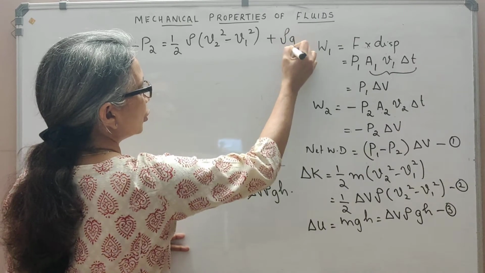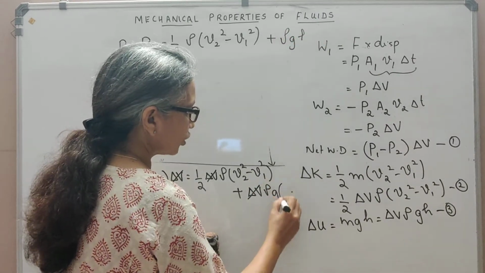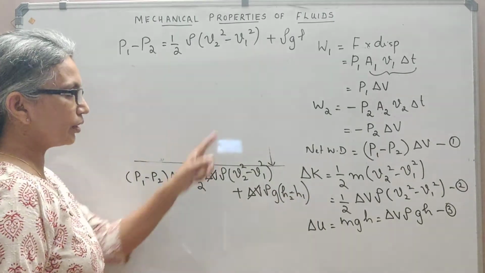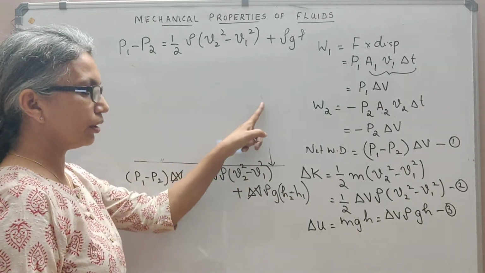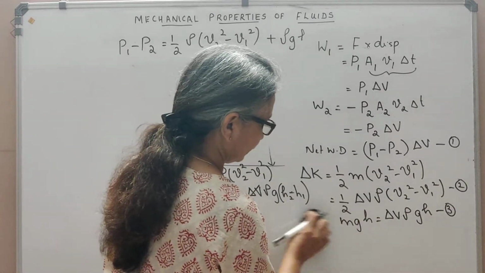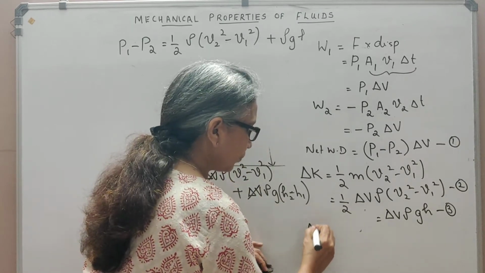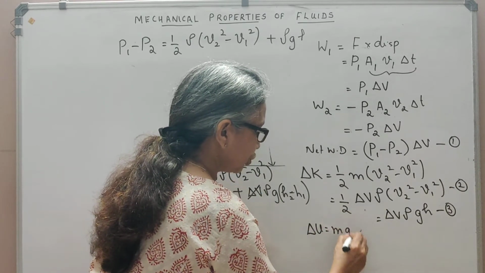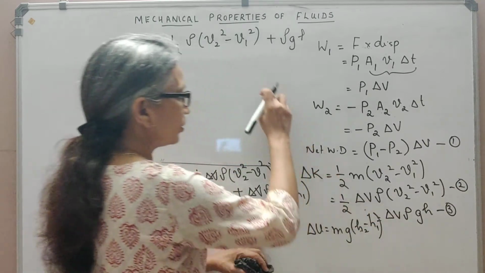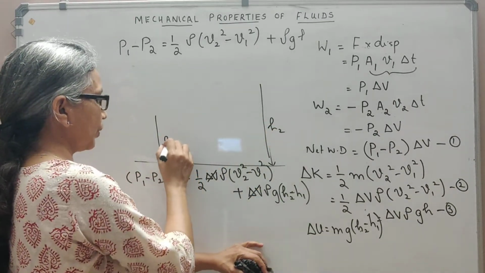plus rho g. Oh, there's a mistake here. This is H2 minus H1. Because you just saw that here it was higher. So here this is change in potential energy, mg (H2 minus H1), because here it was H2 and at this end it was H1, right?